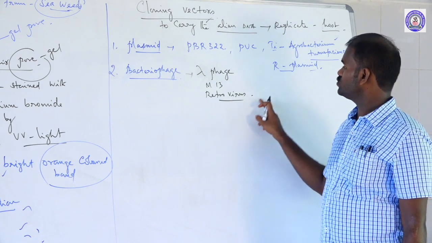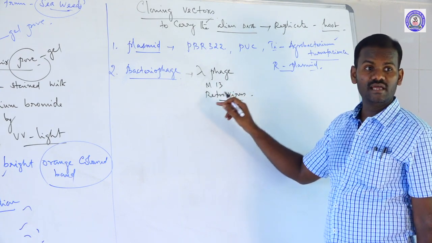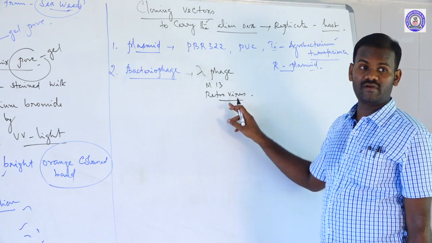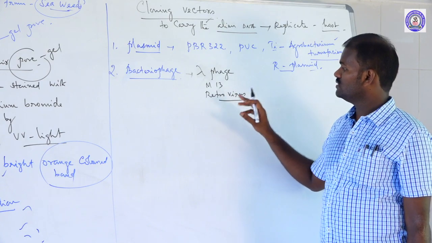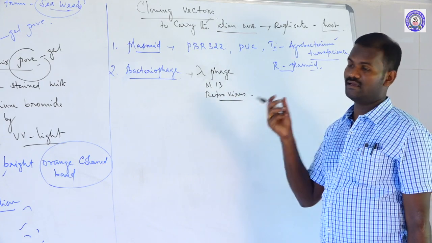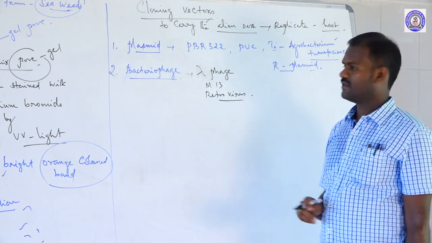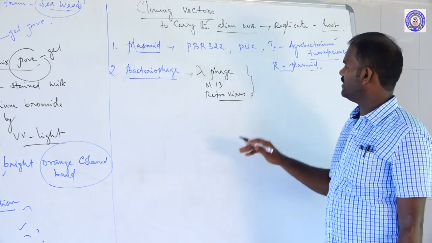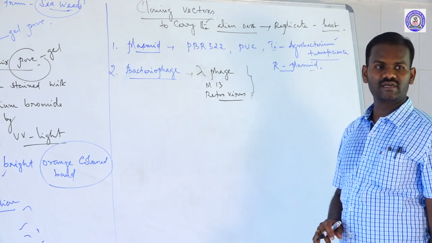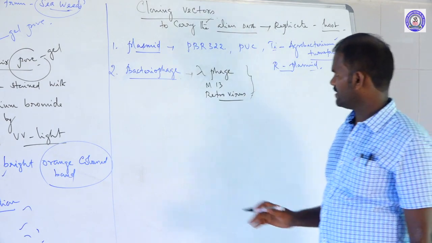It is the most suitable vector to introduce or replicate DNA in animal cells. So these are the bacteriophage vectors used in recombinant DNA technology.